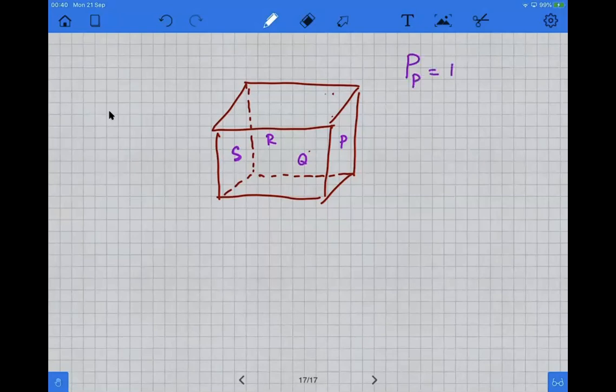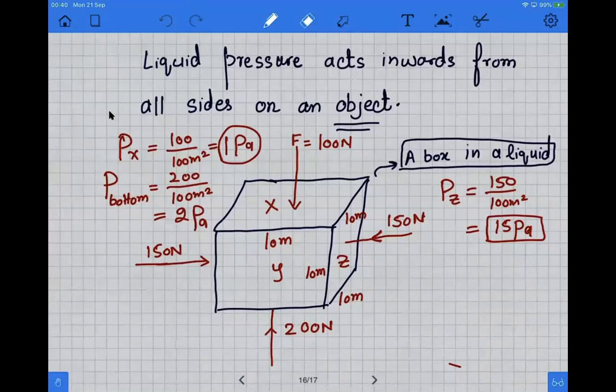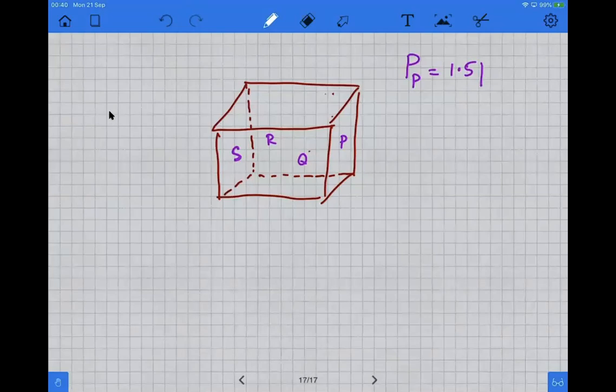If pressure on P is, as you see, 150 over 100, it was 1.5. The values were just for understanding. Now you see, pressure on P was 1.5 Pascal. Pressure on Q is 1.5 Pascal.